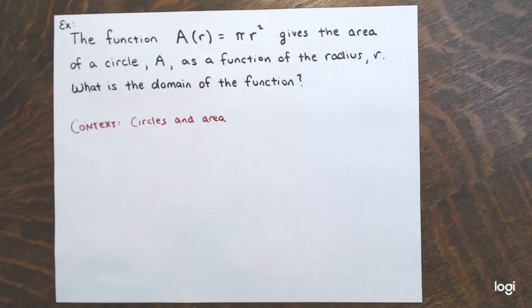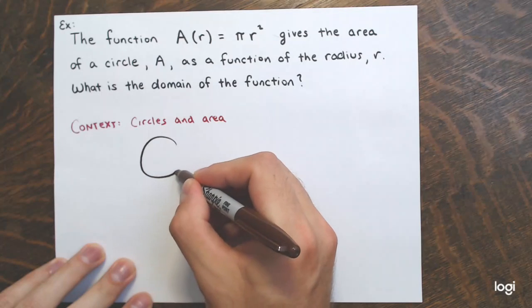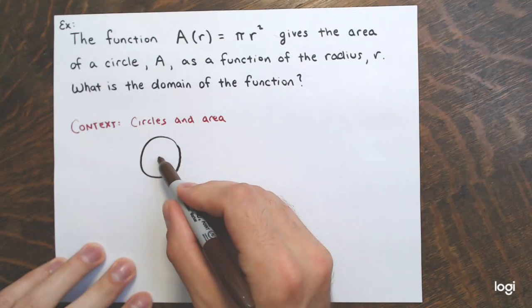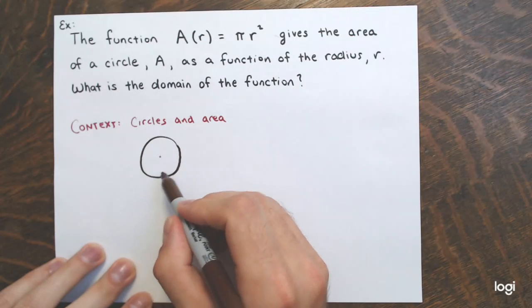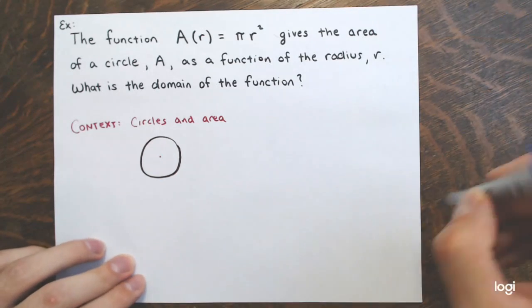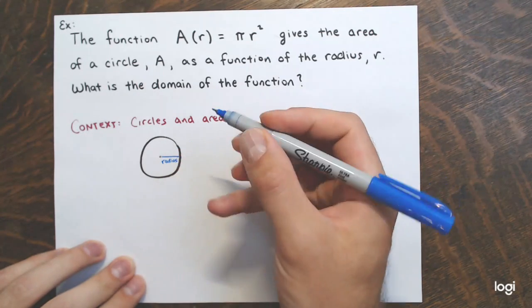And you know what a circle looks like. Now this isn't going to be perfect, I apologize. I should probably have had a compass on me, but there's a circle. And you have a center of the circle, and every point on the circle is the same distance from the center, and that distance was called the radius. Radius of the circle.